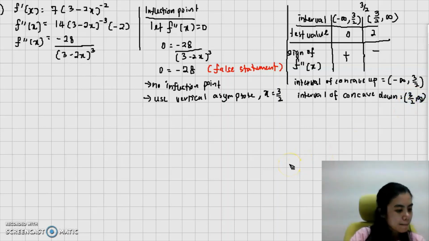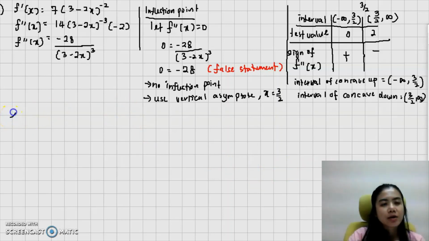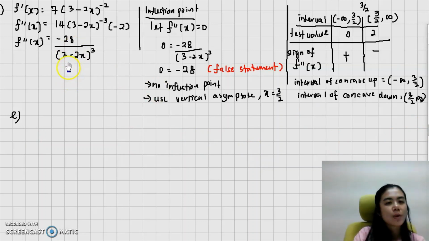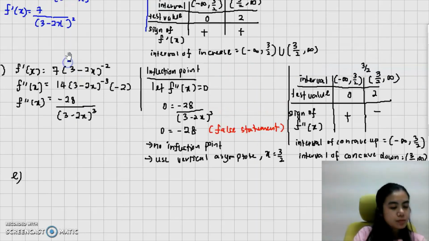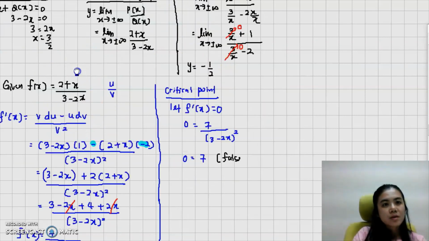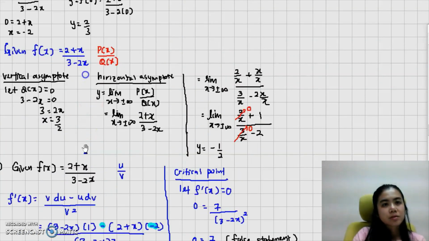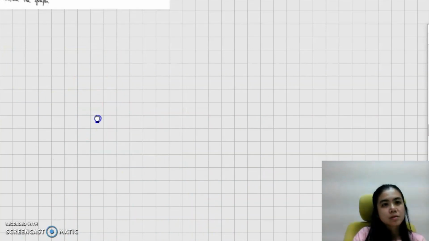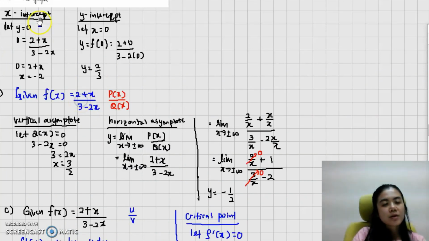Then the final question is to sketch the graph. In order to sketch the graph, there is some information that we require. We need the x-intercept and y-intercept, that is x equal to -2, y equal to 2/3.